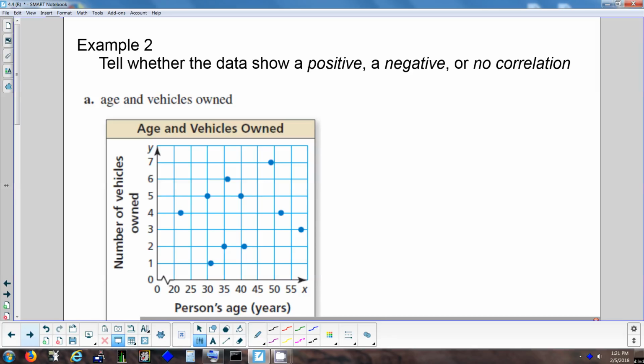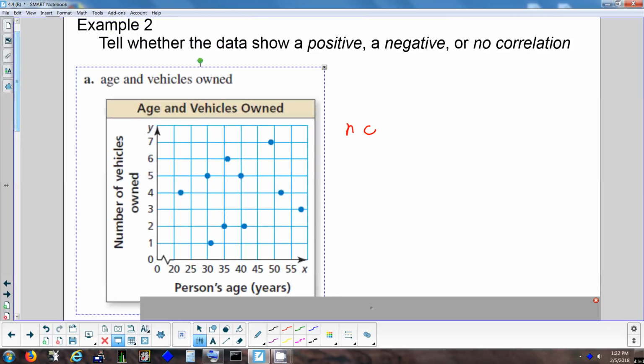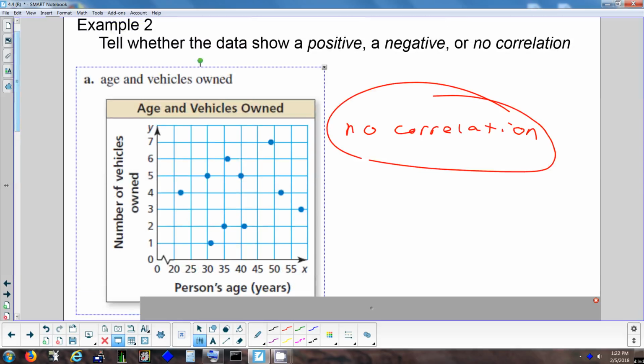And then somebody who's 35 or 30 has already owned 5 cars. So, in this case, no correlation. Okay, so don't go with what you think is true. Look at the picture. Okay?